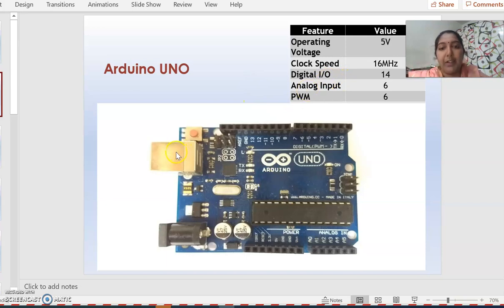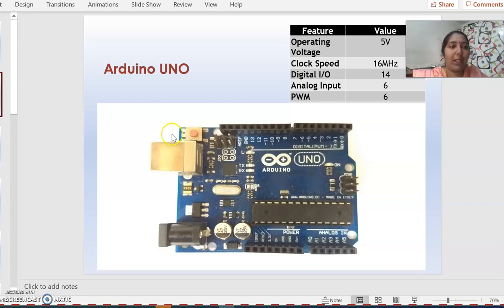Next, here if you observe, we have two connections related to the power supply. Here this particular port is a USB port which can be connected to a USB cable, by which we can upload the program into this microcontroller board, and the same USB cable is also used to supply the power to this Arduino Uno board.